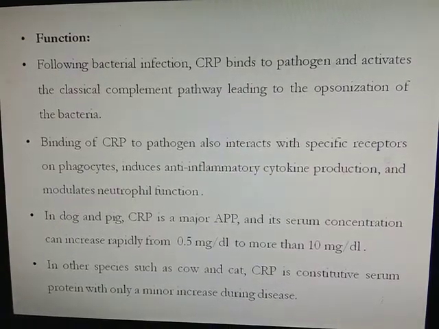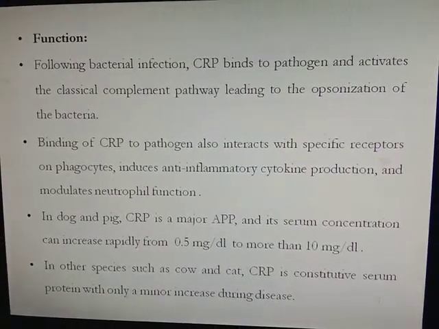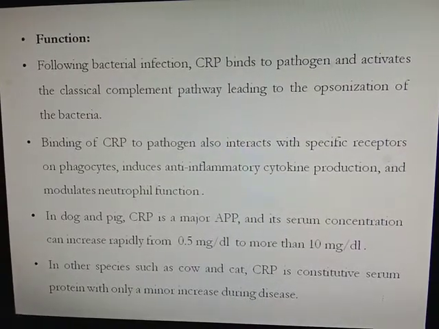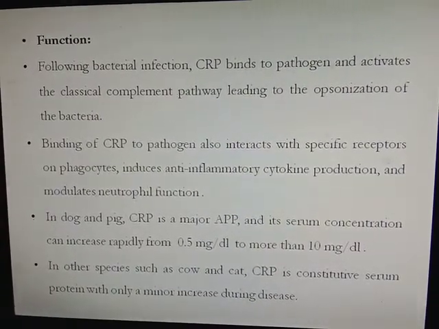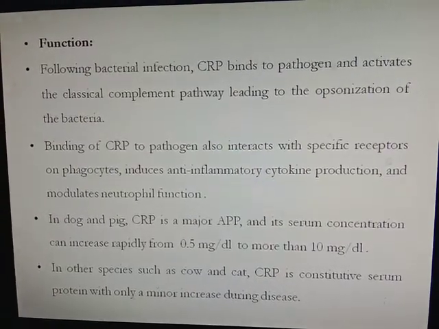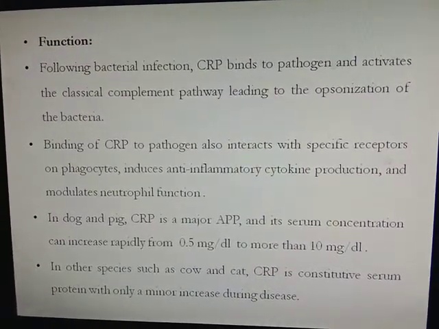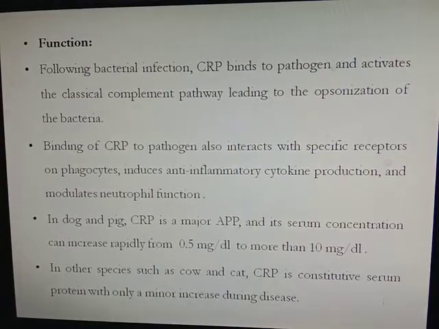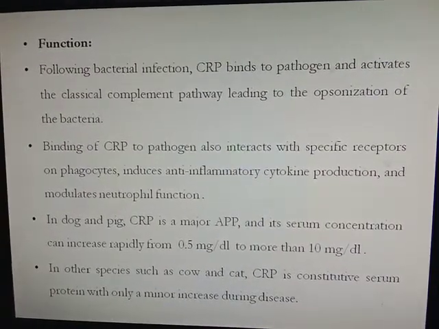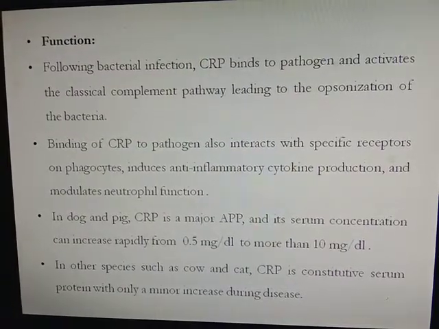In dog and pig, C-reactive protein is a major acute phase protein and its concentration can increase rapidly from 0.5 mg per dl to more than 10 mg per dl.